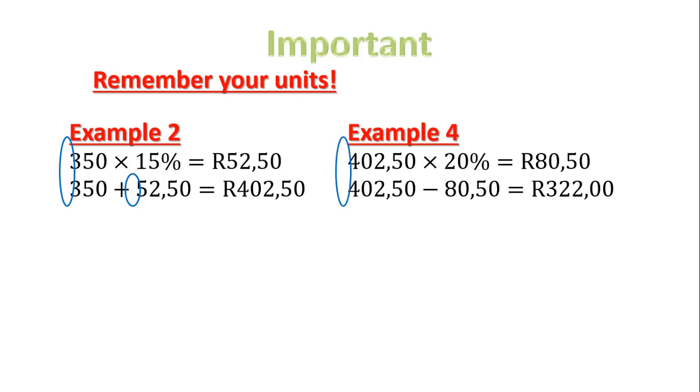And when I'm subtracting my 80 Rand and 50 cents, again, I don't have any units. However, if I look in front of my answers after the equal sign, in example 2 and example 4, you can see I have the Rand sign there.